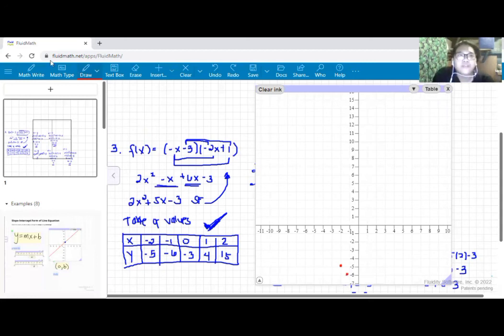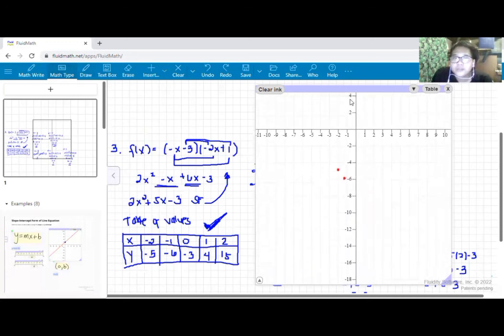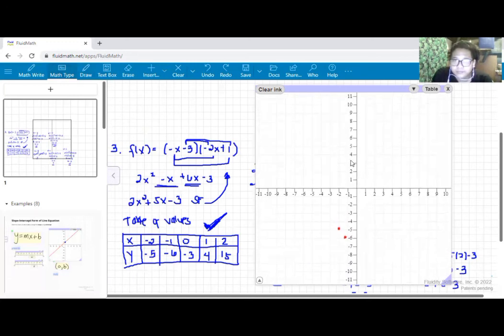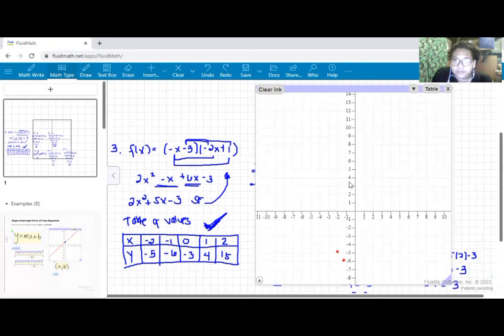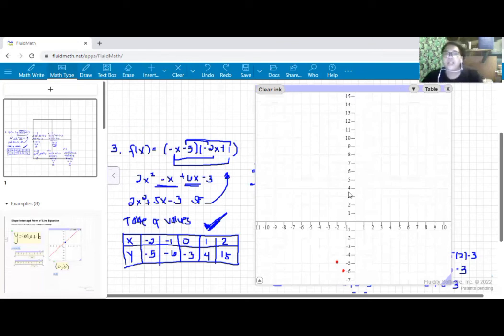Okay, let me arrange first the graphs. There you are. So next is 0 to -3.